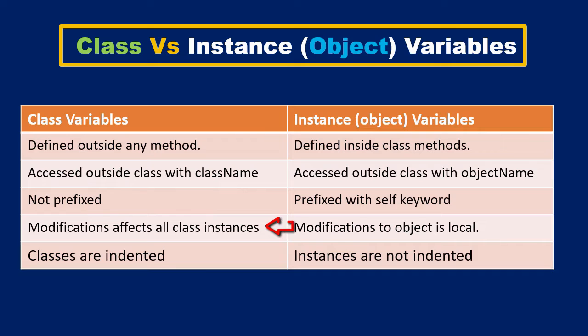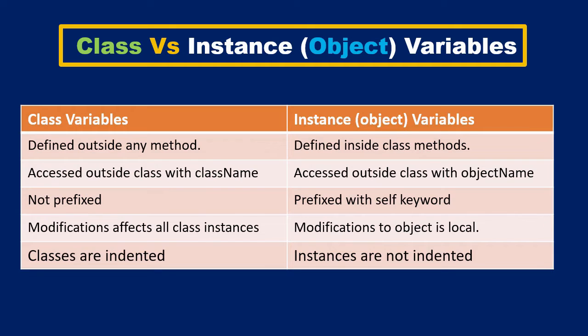Modifications that you do on the class will affect all instances of the class. So any object that has been instantiated from the class will inherit any modifications made to the class. Modifications that you make to an object are local to that object. It doesn't replicate back to the class.